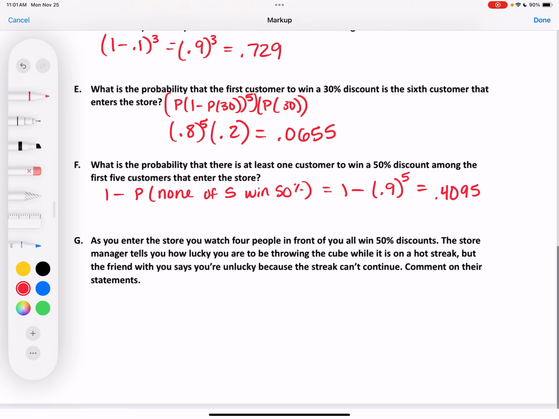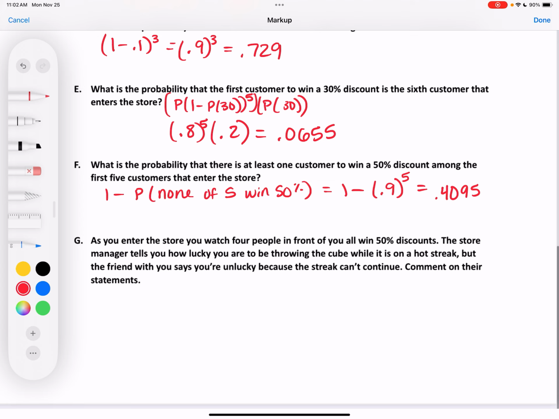Well, the hot streak isn't real, right? It's like the law of averages. It's a fallacy. Each throw is independent. Every throw is independent. So the probability of you getting a 50% is the same for every single person.